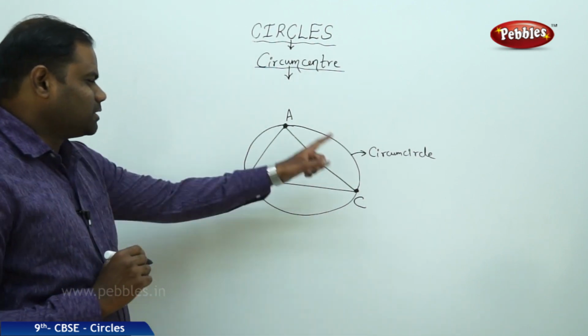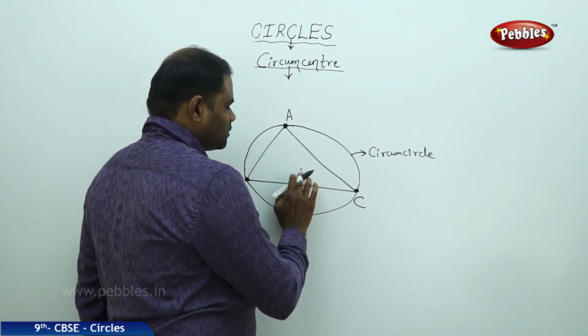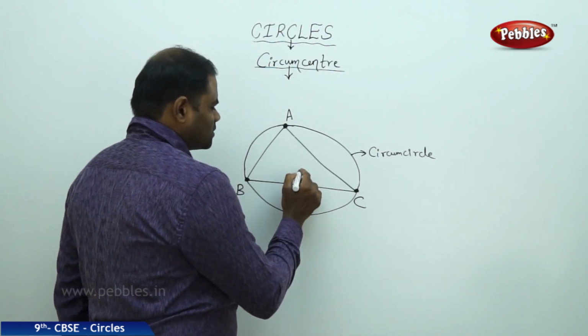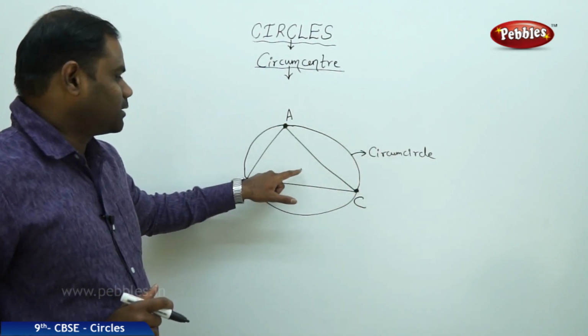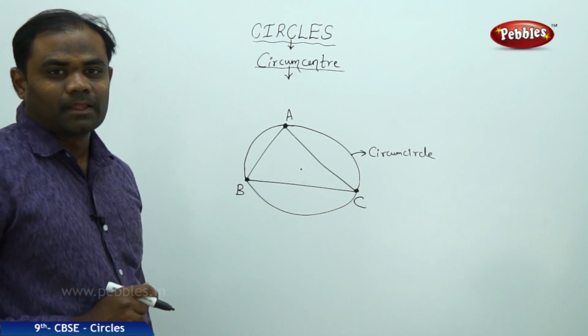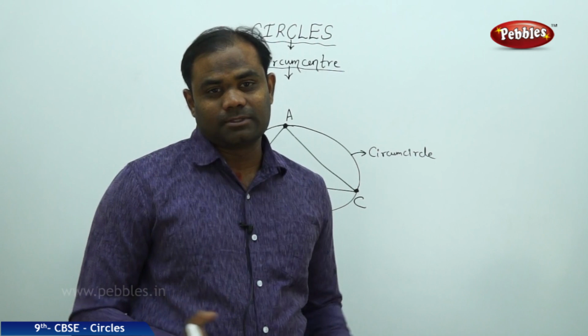The center of this circle, which is clearly in the triangle at some region, is called the circumcenter, because this center of the circumcircle is connected with the triangle at this point. So the circumcenter is identified to be the center of the circumcircle.